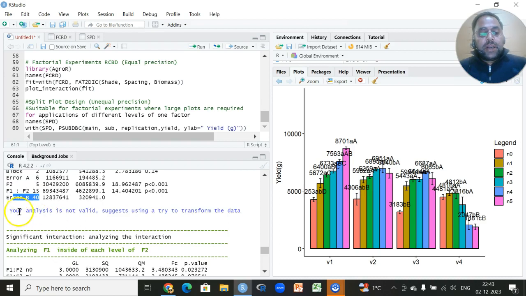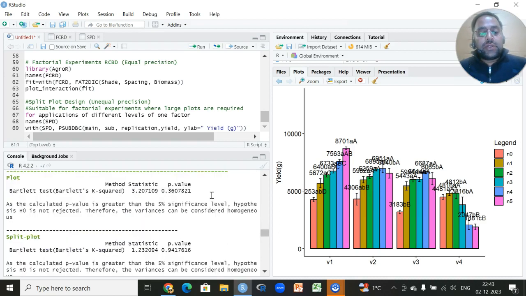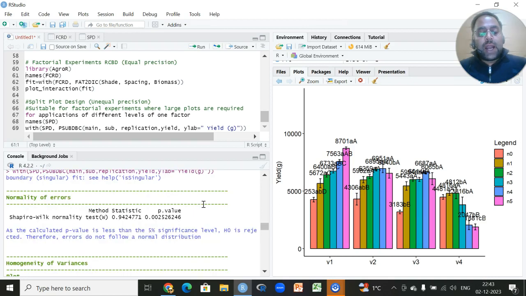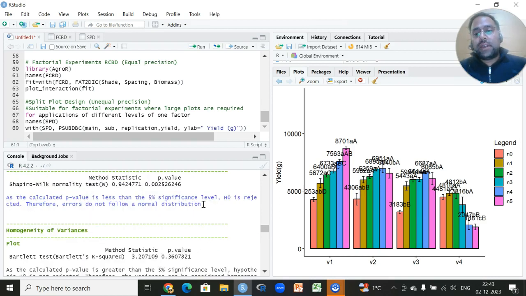Again, there is an indication that your analysis is not valid, and it suggests you try to transform your data. Since the error distribution is not normal, our first assumption is violated, so we have to do a certain kind of adjustment, a certain kind of transformation, which is very much required for the authenticity of the experimental design.